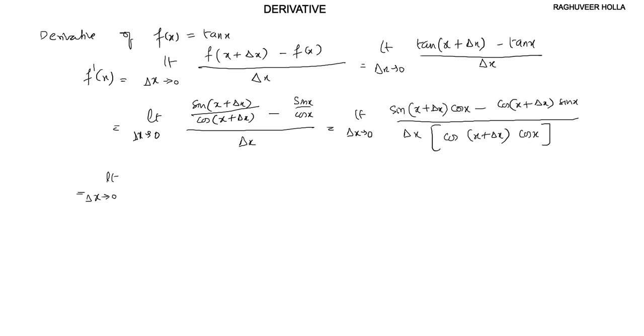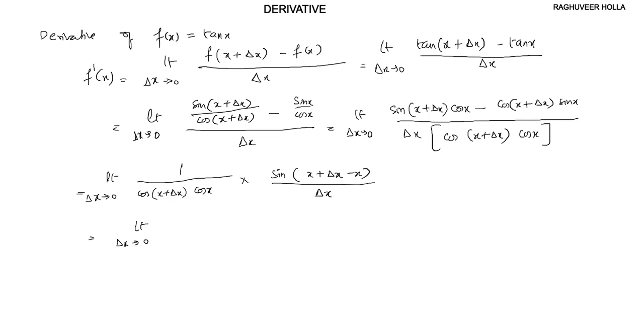Okay, and further, now this is limit delta x tends to 0. I'll separate it. So 1 by cos x plus delta x cos x multiplied by sine, okay, this would be x plus delta x minus x divided by delta x, right?